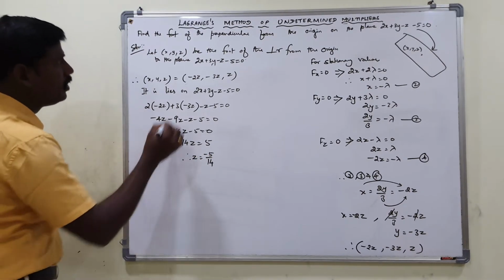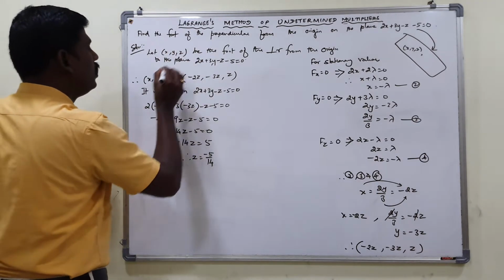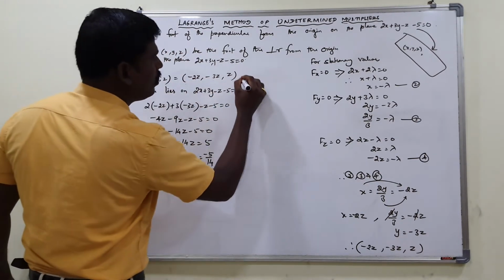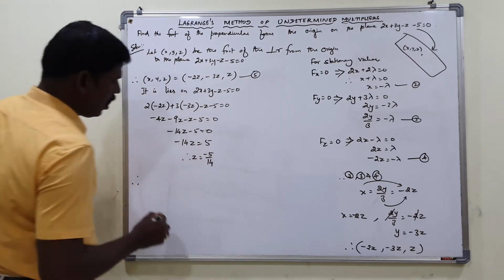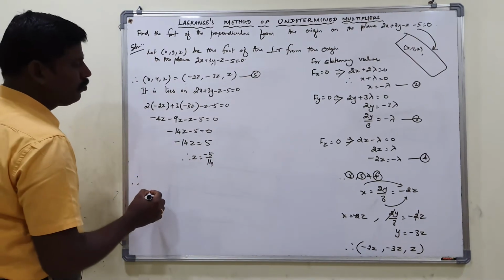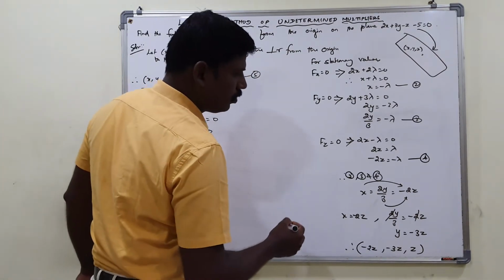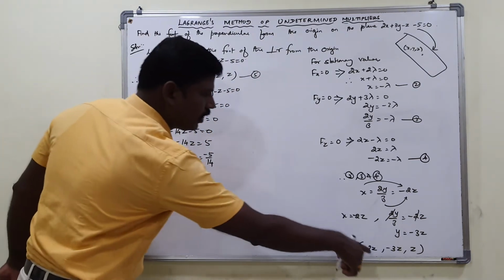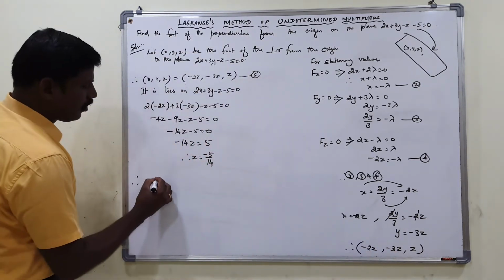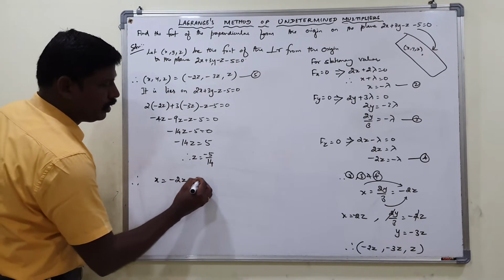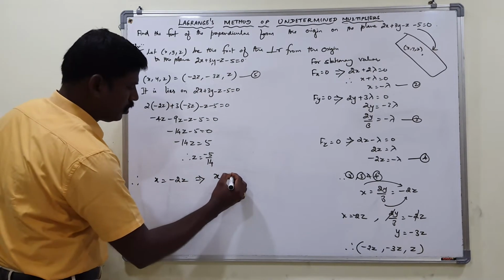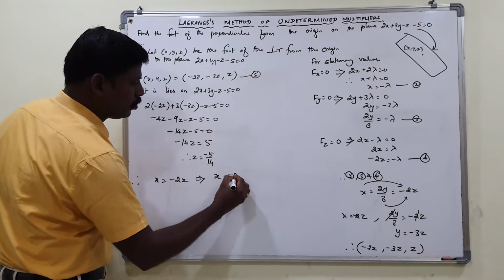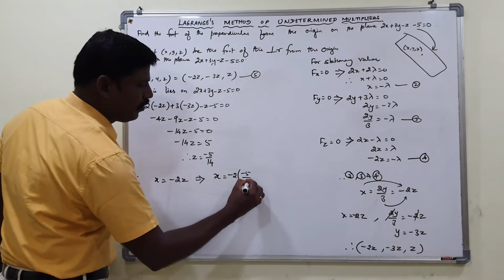Therefore, we need the point xyz, isn't it? So what is xyz? It is here. So I call it equation number 5. Therefore, z is equal to minus 5 by 14. Now we can find out the remaining two coordinates. x equal to minus 2z, isn't it? This implies x is equal to minus 2 into minus 5 by 14.